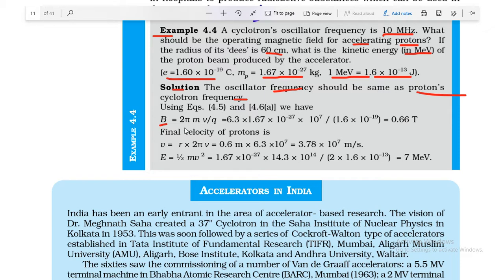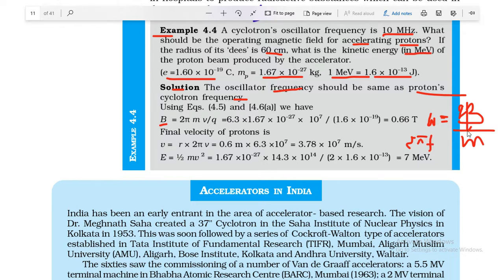So B is equal to 2 pi m. Since you know that omega is equal to qB upon m, and this omega is equal to 2 pi times the frequency, let's write f.